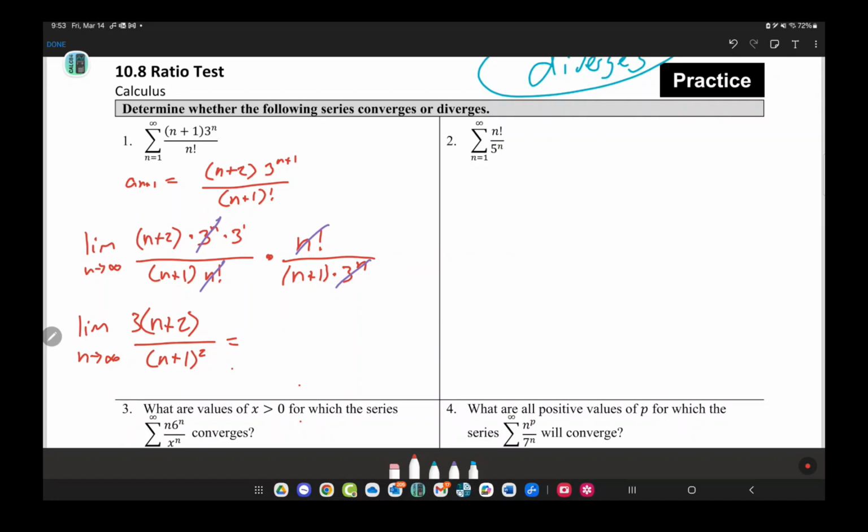And since my denominator has the highest degree, this is automatically 0, which is less than 1, so this converges.